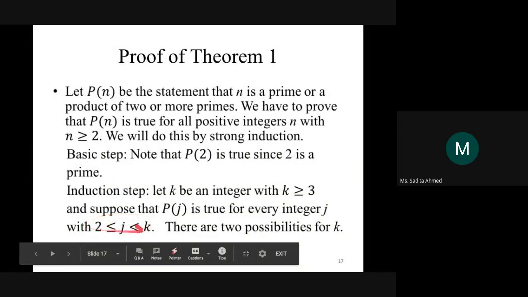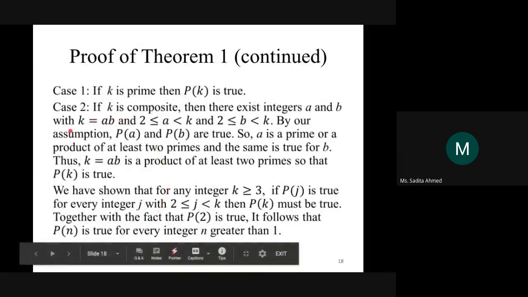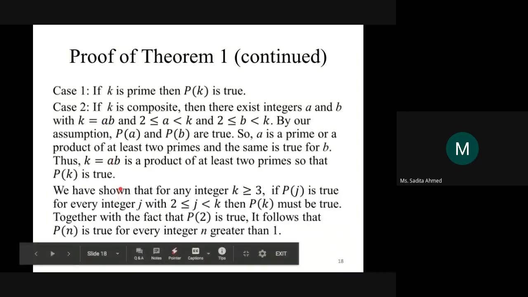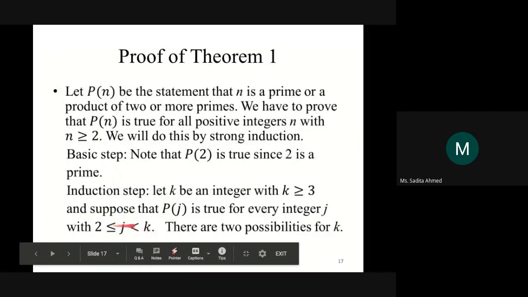If this assumption is true, from there we have to show that the statement is true for k as well. Now, if k is a prime, the statement becomes true. If k is a composite, k can be expressed as a product of two integers, which will be less than k. The moment we can say that a and b are individually less than k, we can say that they are within the range of our assumption.